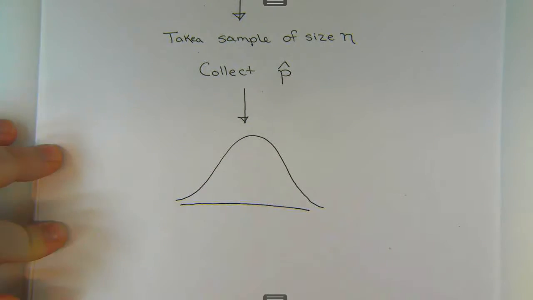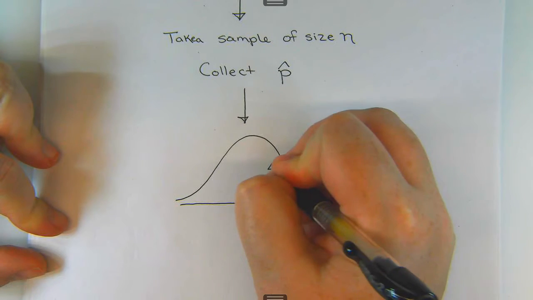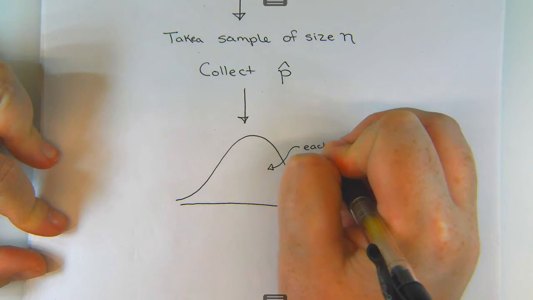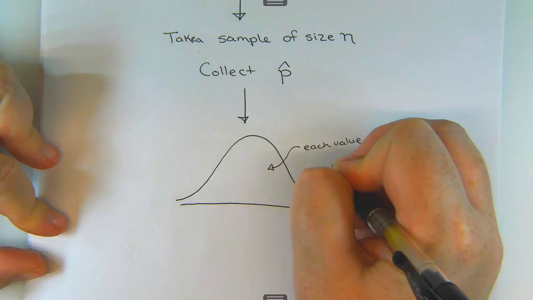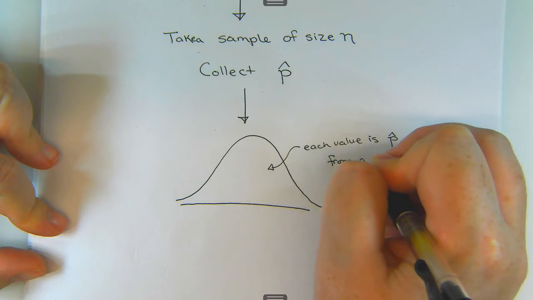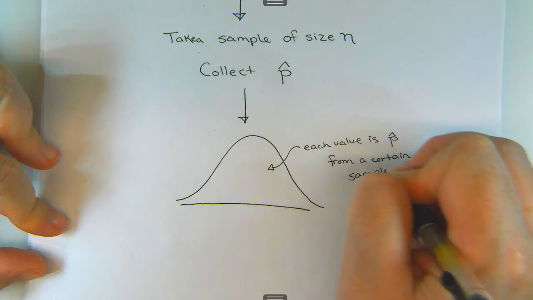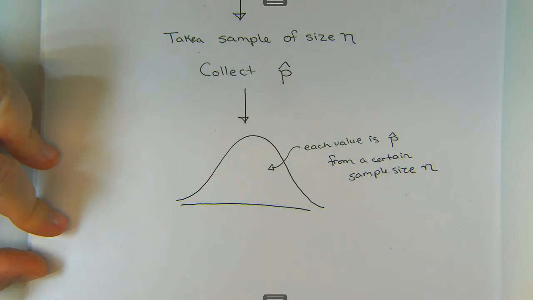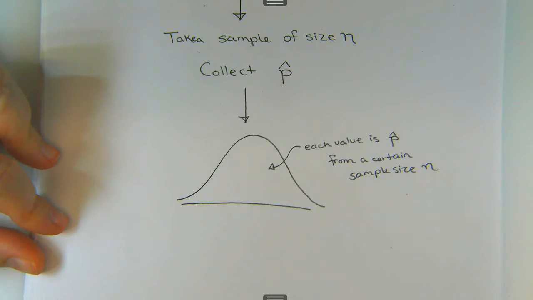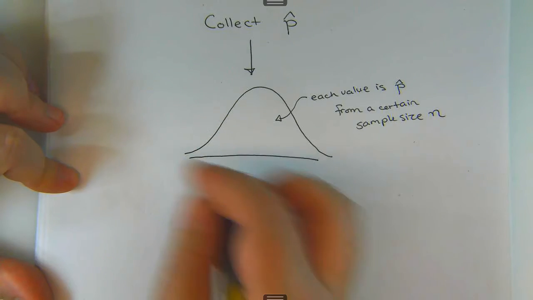If we imagine this bell-shaped curve as a dot plot filled with little dots, each value in here is a sample proportion from a certain sample size. Once we have this, we want to understand the center and spread, then we can start calculating probabilities.